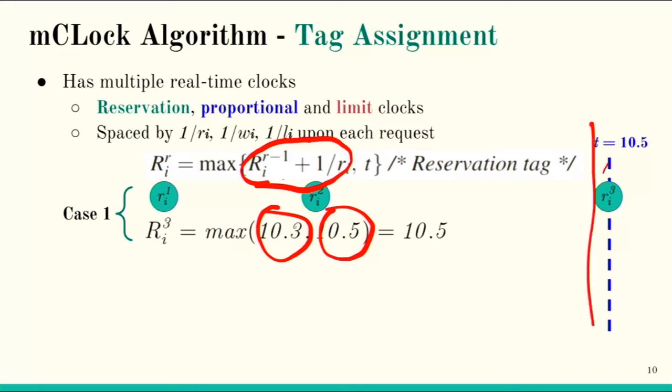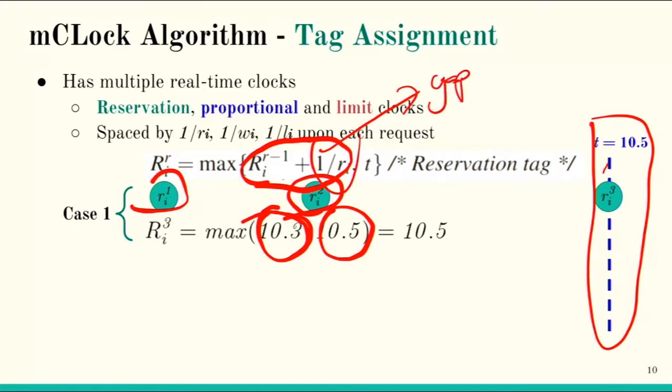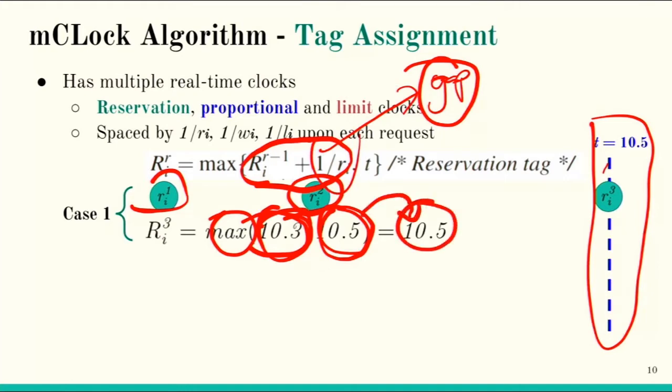Because we only have a small number of requests, and every time we have a request we add this gap interval, the increment of the gap is very small. So the first term is relatively small compared to the current time. Then we choose the maximum, which is the current time. This is the first case.